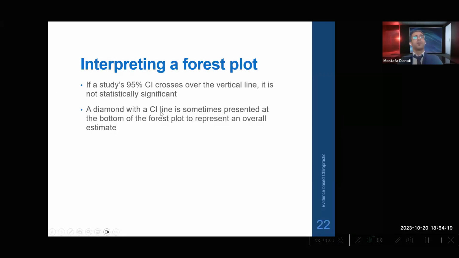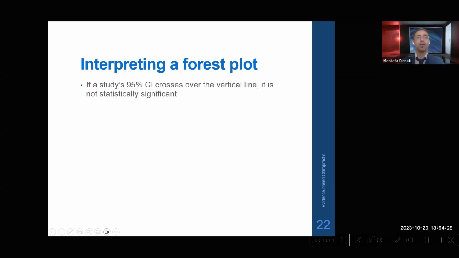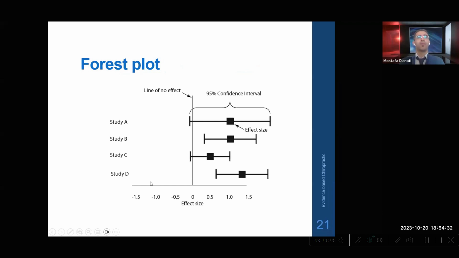A diamond with a CI line is sometimes presented at the bottom of the forest plot to represent an overall estimate. Like here, let me go back to the previous one. We will have another one with a diamond shape, and then we will show the overall results from all these 4 studies.